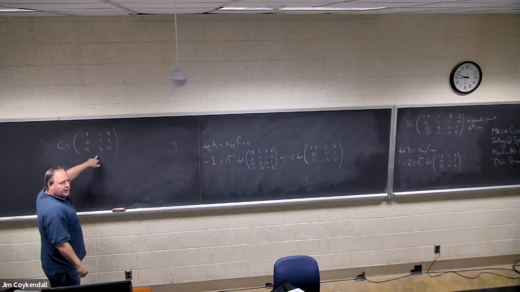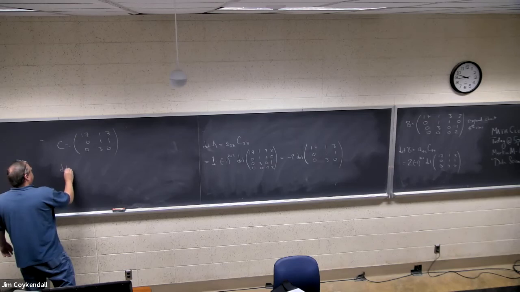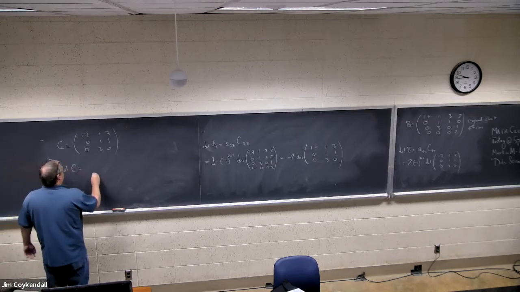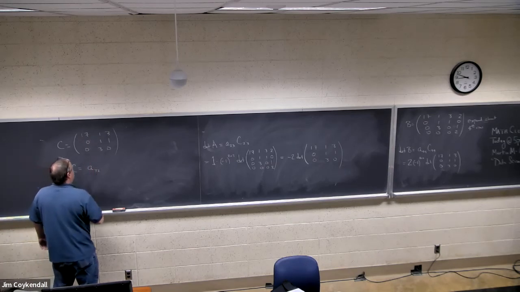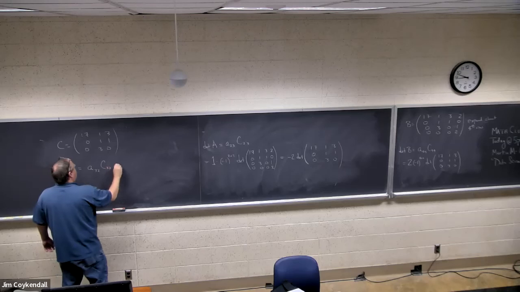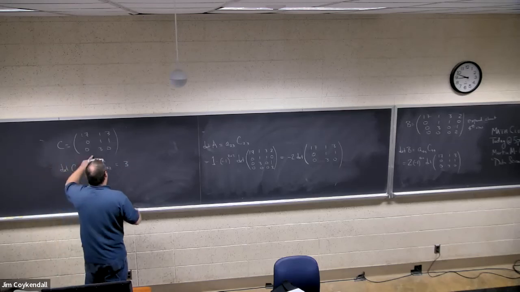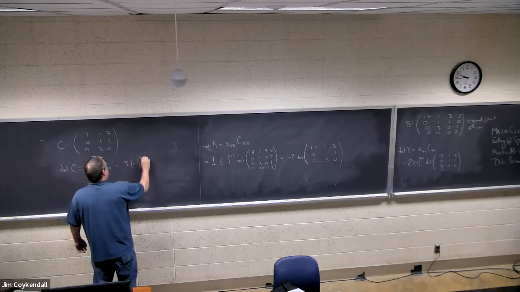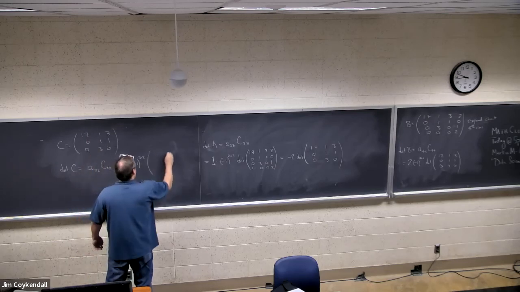I'm going to expand this about the last row. So this is going to be A, in this case third row, second column, becomes C32, which is 3 times minus 1 to the 3 plus 2 times the determinant of this matrix here.